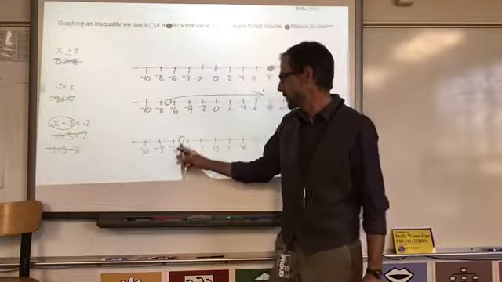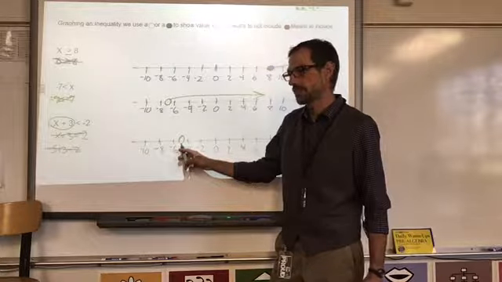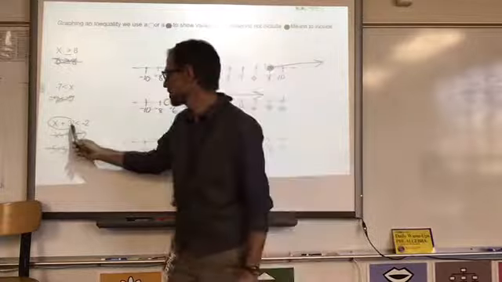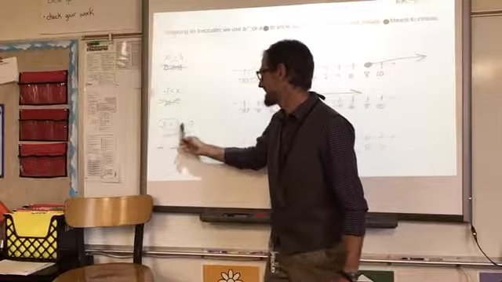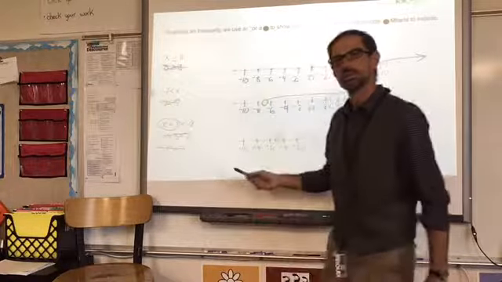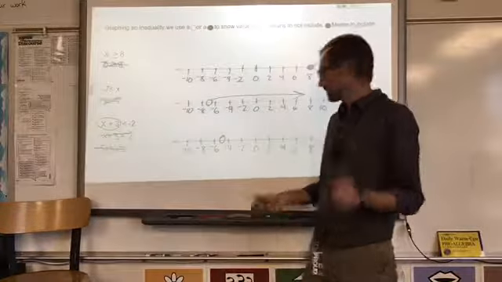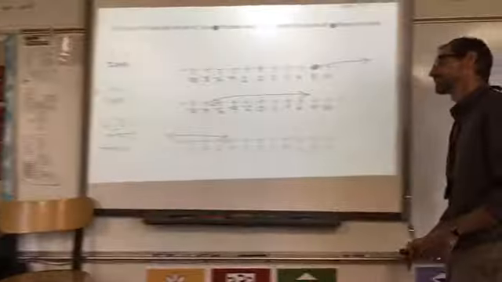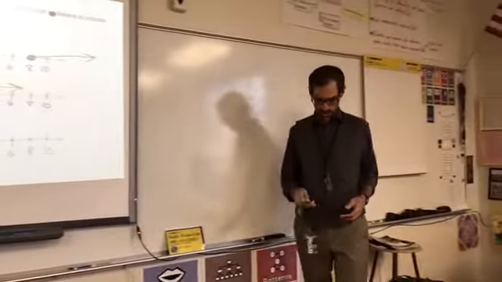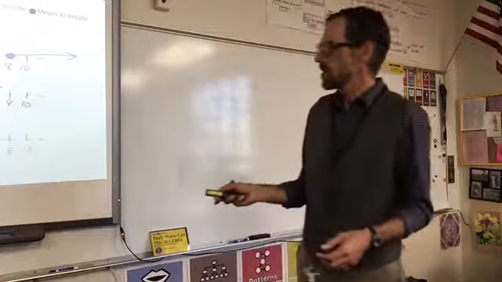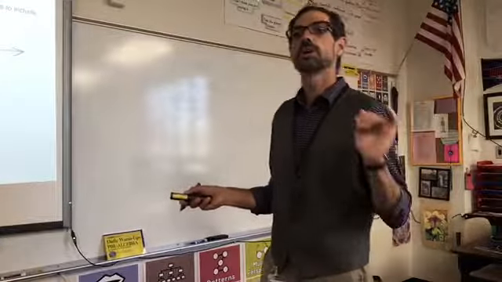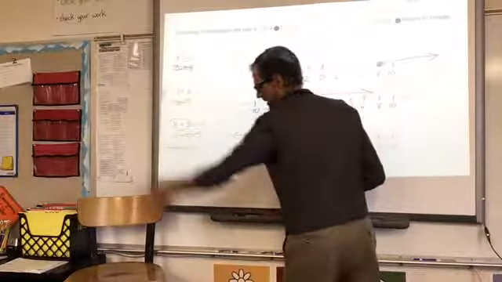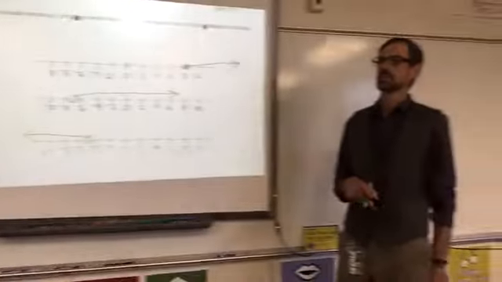So which way is less than negative 2? Left. So that's what my graph would look like. It'd be on negative 5, open because it cannot be negative 5, and because it's less than, it goes to the left.